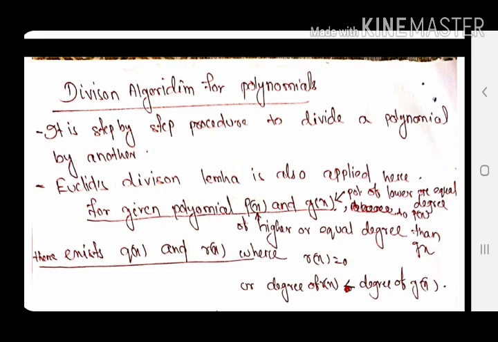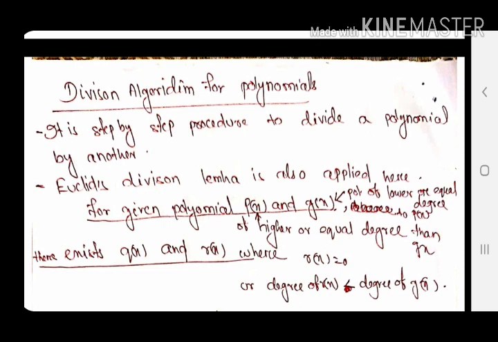As there we discussed a is greater than b, here greater means the degree: the degree of the dividend is greater than the degree of the divisor. And the remainder is either equal to 0, or its degree is less than the degree of the divisor.